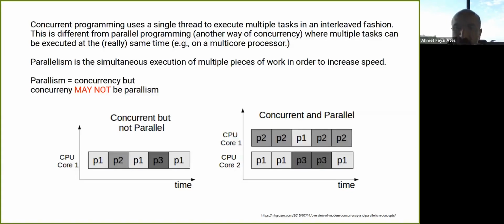For example, P1 and P2 are executed at the really same time. So they are both concurrent and parallel. When we say parallel, we need to think about more than one core physically.